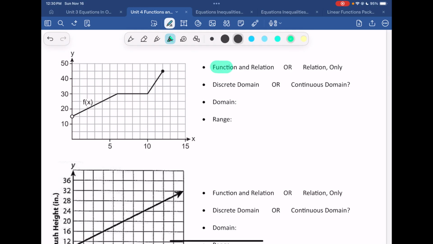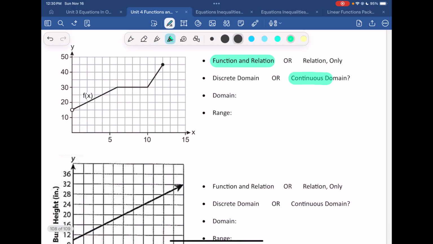So it's a function and it's a relation, but the points are connected. So the domain is continuous, and then the range follows suit. So again, because the domain is continuous, we can't list the domain and range. We have to use an interval or an inequality. So we'll do both. Okay.